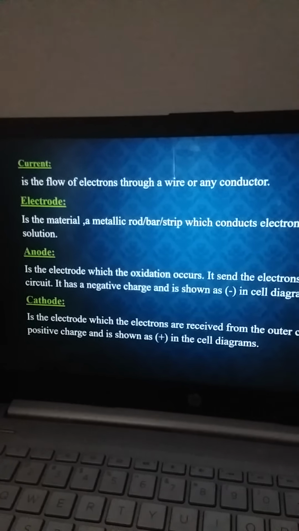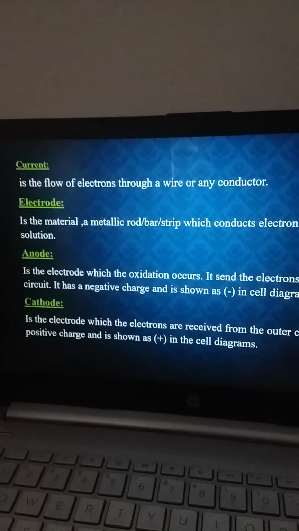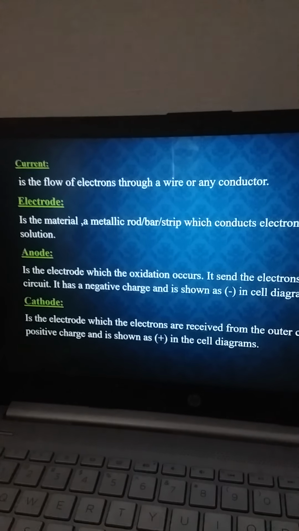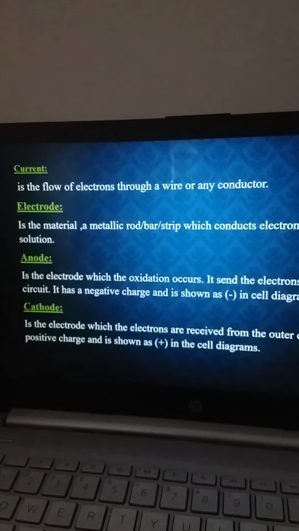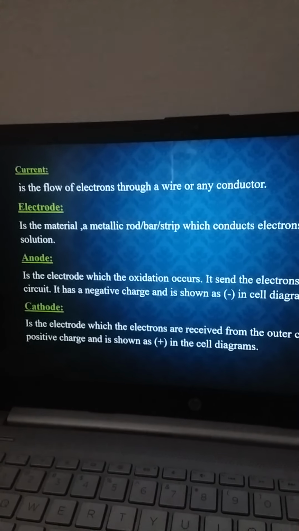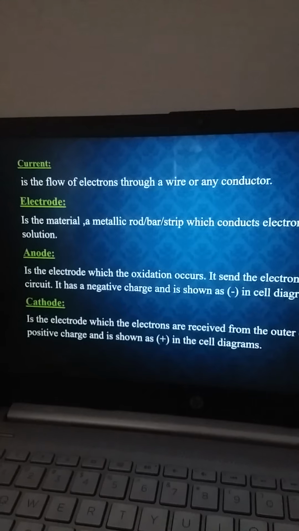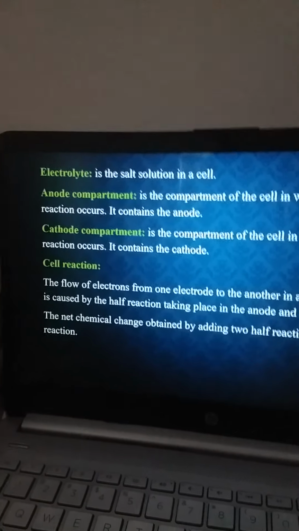Next we shall study the definition of cathode. Cathode is also one of the electrodes. It carries the electrons from the outer circuit and it has a positive charge. This is about the cathode.